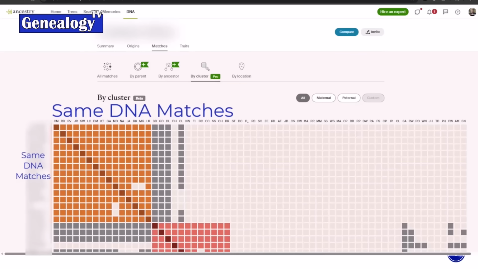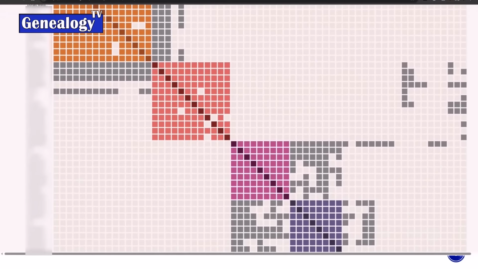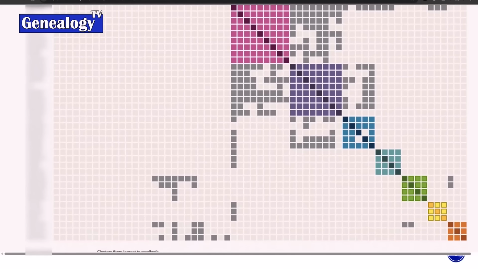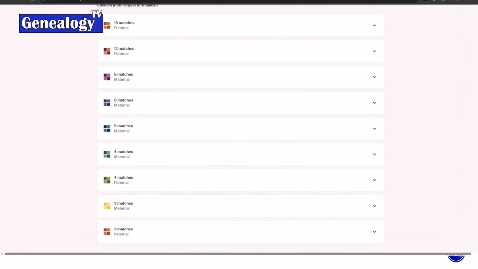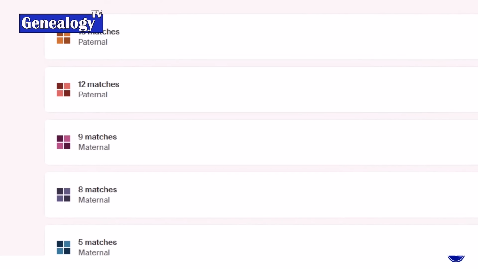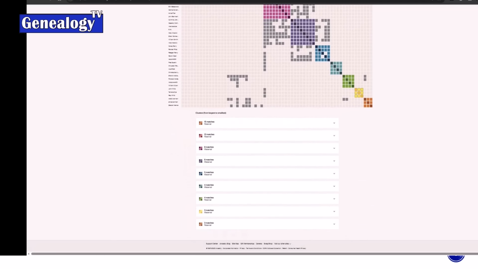So as you can see, what this is doing is taking all of your DNA matches and clustering them together. All of those people who have genetic connections with each other are going to end up in one of the colored boxes. And if you continue to scroll on down, you'll see how many people are in each cluster, and you can actually open that up and take a look at that. So that is kind of what it looks like on your screen.